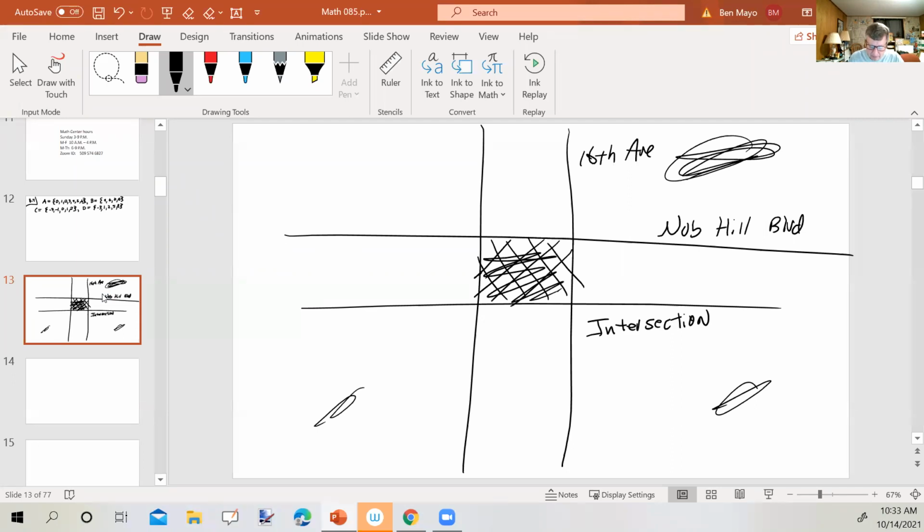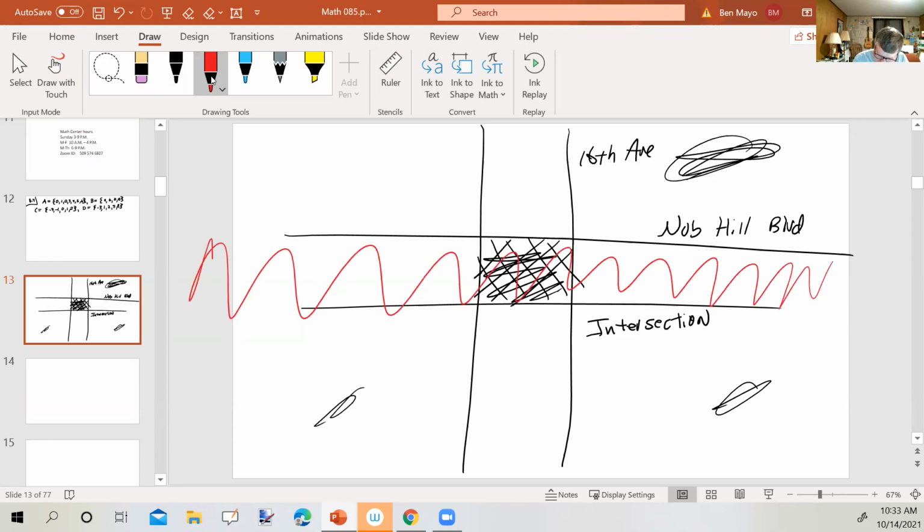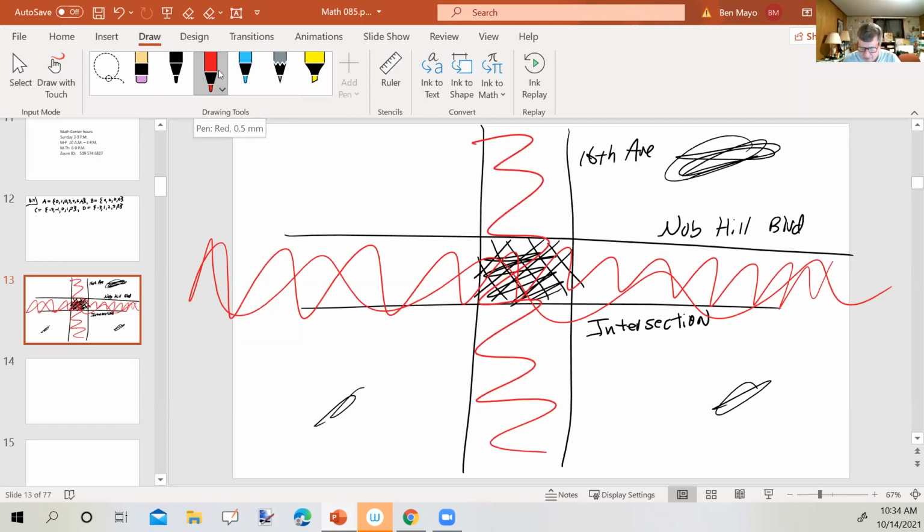Okay. Now, suppose we wanted to talk about all of Nob Hill Boulevard along with all of 16th Avenue. Then we would be talking about all of this, and again, it goes in both directions, and all of this. Okay. So that would be what we call the union.